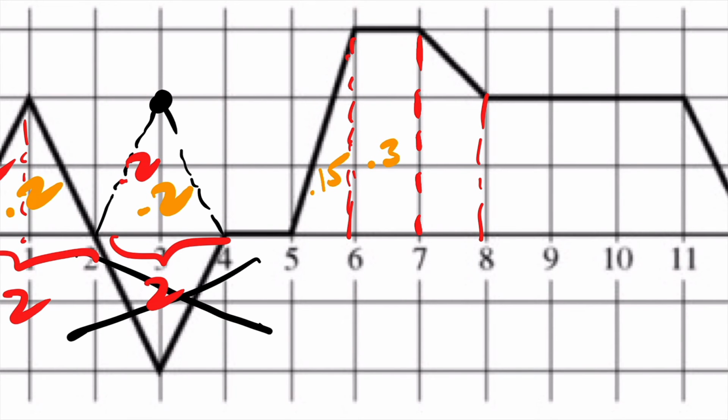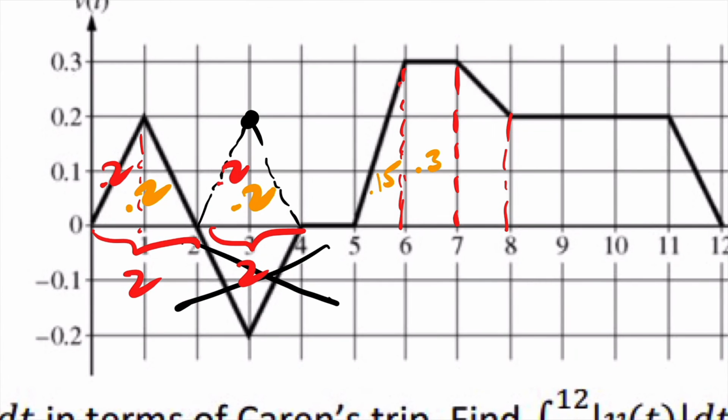And then the next one is a trapezoid. Trapezoid is base 1 plus base 2. Add them together. So we get 0.2 plus 0.3 is 0.5. 0.5 times the height, which is 1. Half of that, which is 0.25. Then we have the rectangle here.